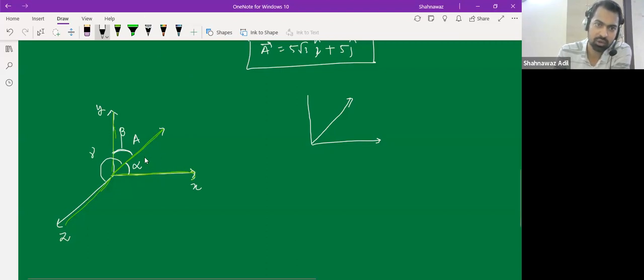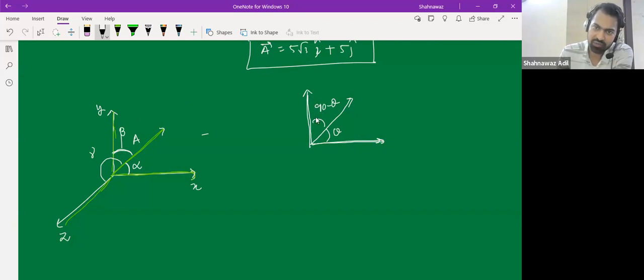So did you understand about alpha and beta not being complementary? Let's say this is the XY plane, this screen that you are seeing.